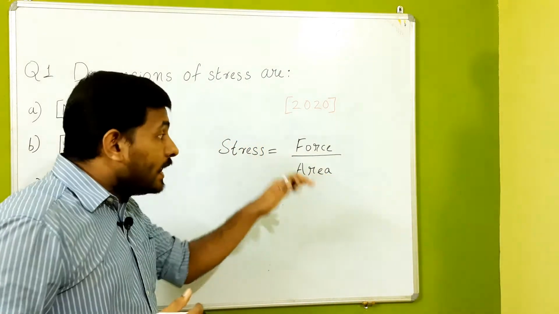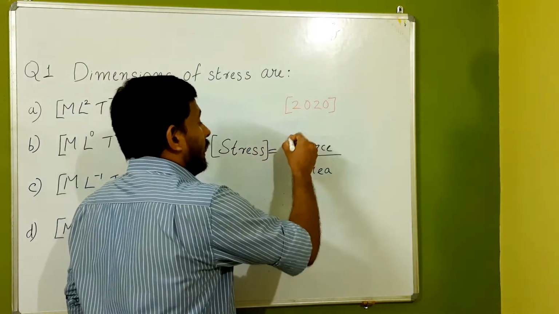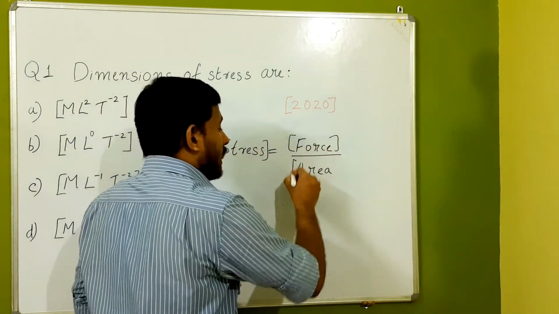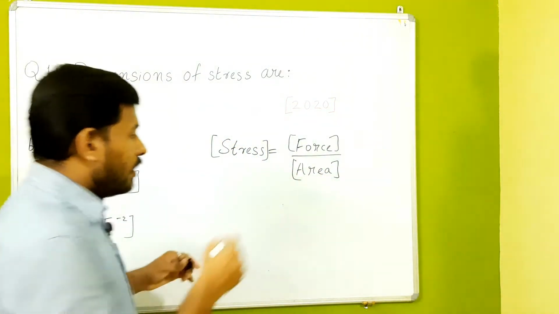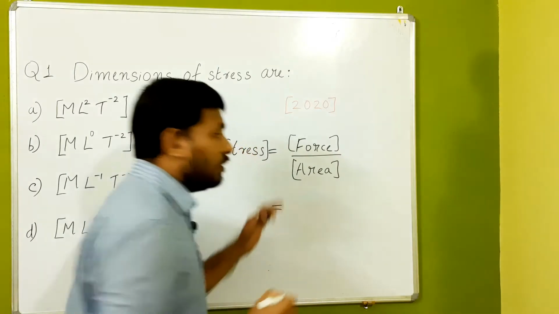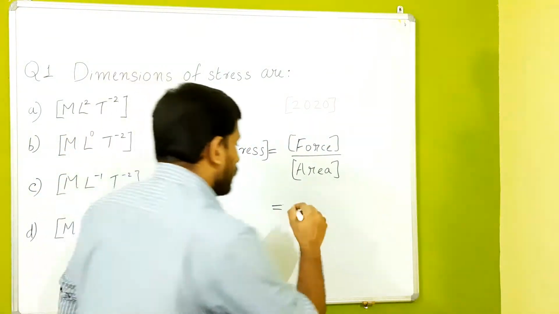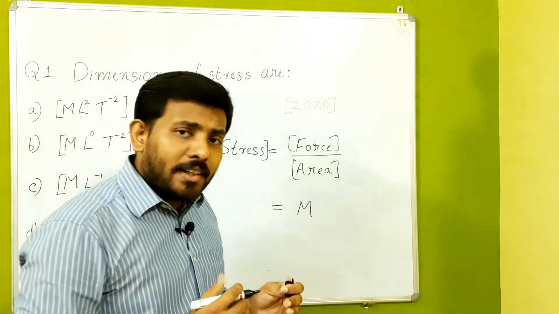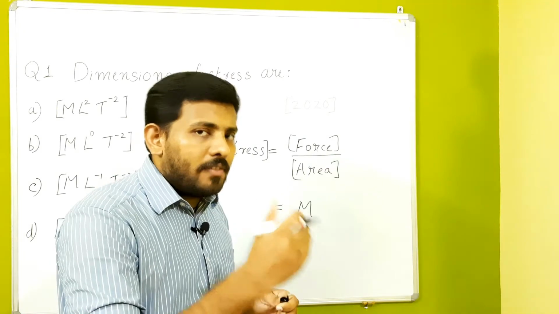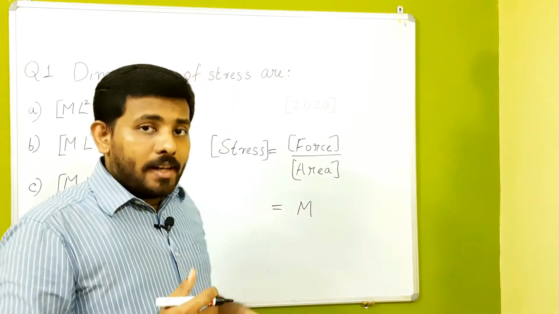To find the dimension of stress, we can divide force by area. And we know that force is mass times acceleration. So we have mass here, and acceleration is velocity divided by time, and velocity is length divided by time.